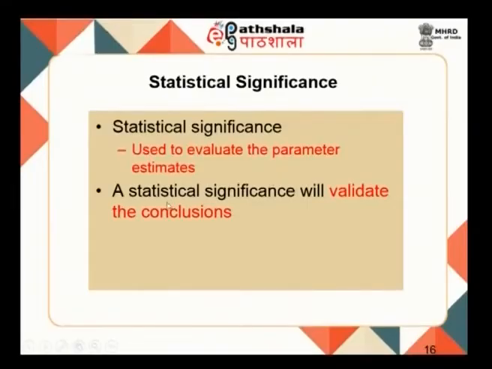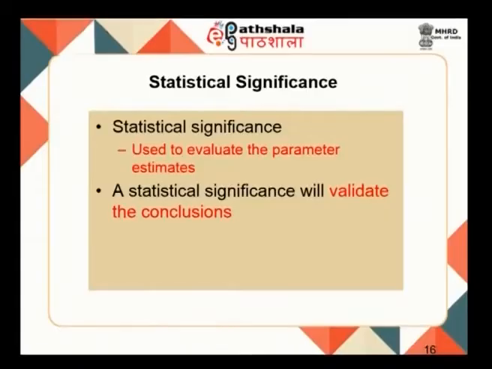Whatever data we have collected, using the statistics of the data, we can say whether it is significant with respect to the analysis we are going to perform or the problem requirement. Statistical significance will validate the conclusions. Whatever results we get out of any analysis need to be validated, and this validation can happen with the help of statistical significance.